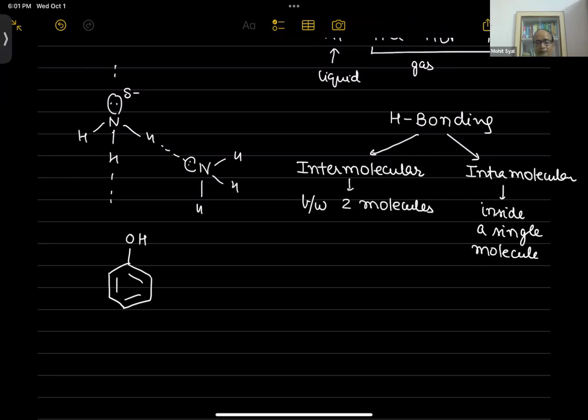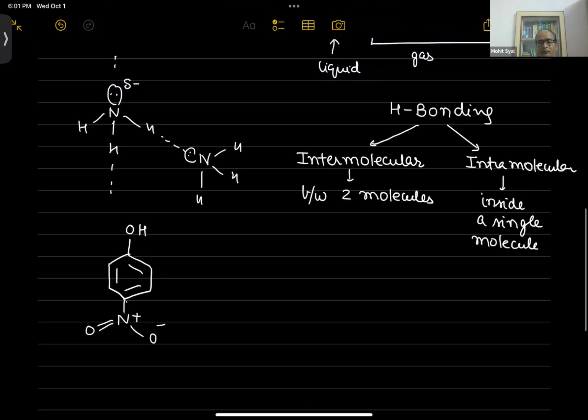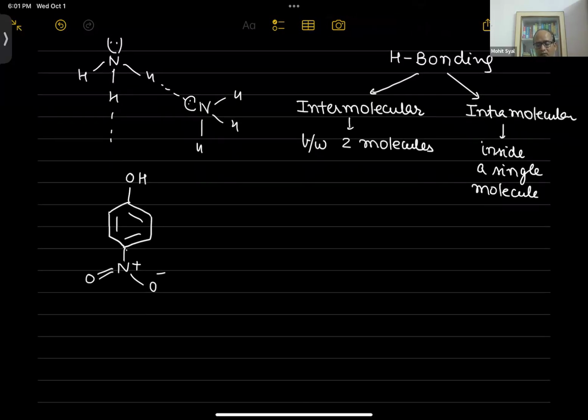So if you put a nitro group opposite to the OH in the benzene ring, this is the nitro group. This opposite position is known as the para position. This is known as para-nitrophenol.